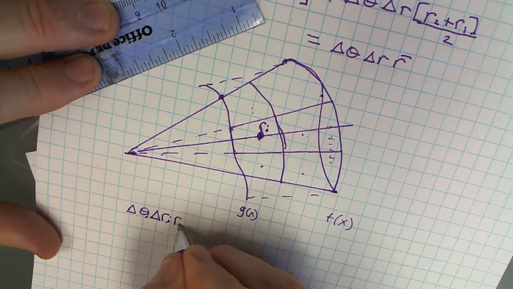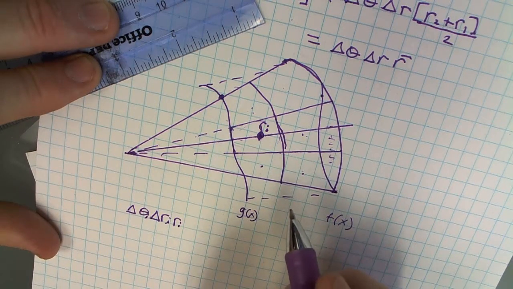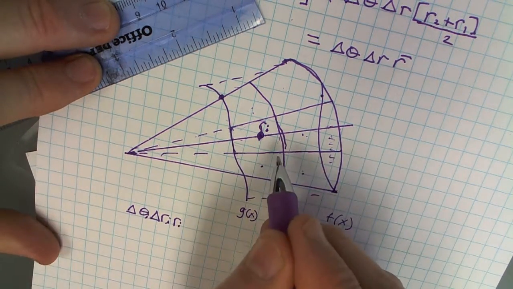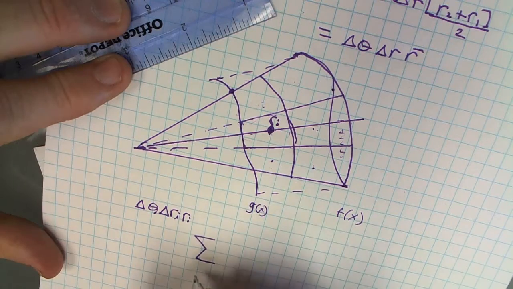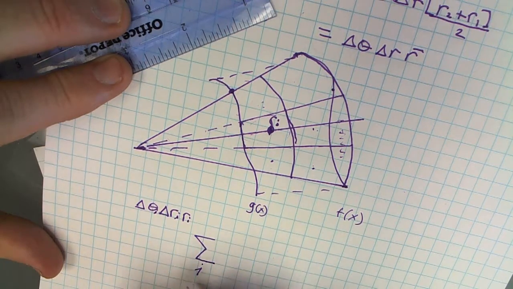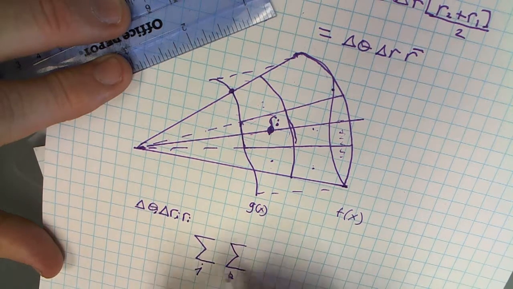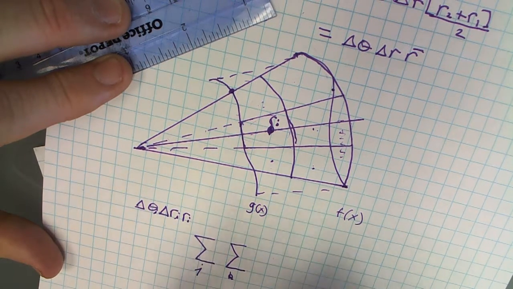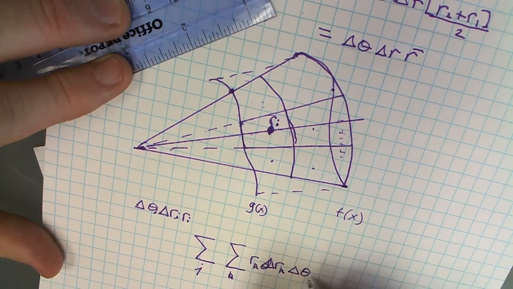That's approximately what that little area is. If I do that to each one of these, I'm fixing theta, and for every theta that I fix, I go through the R's. So that would look like R sub k, delta R sub k, and then delta theta sub j.